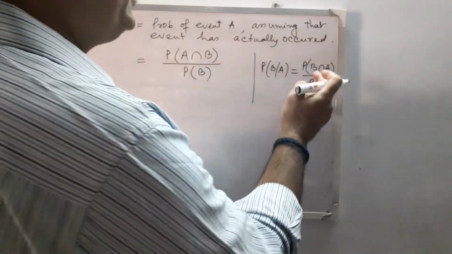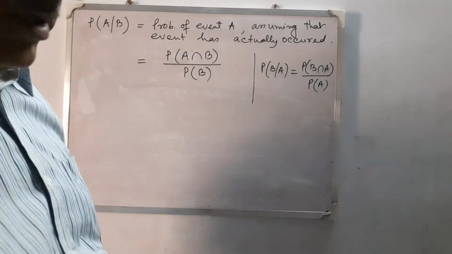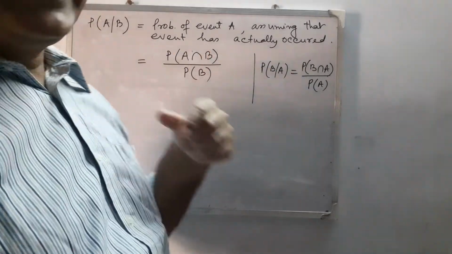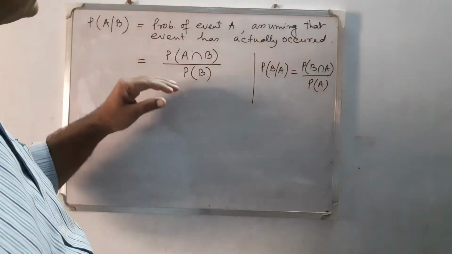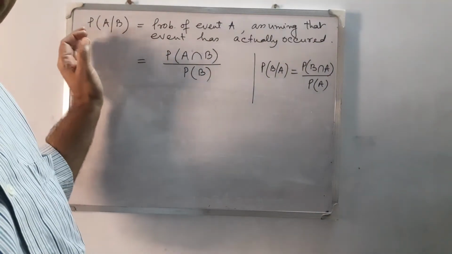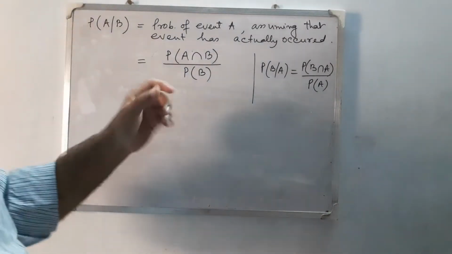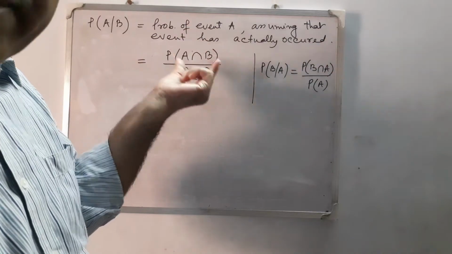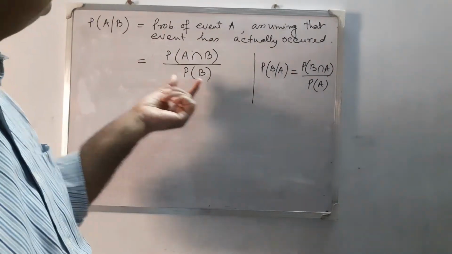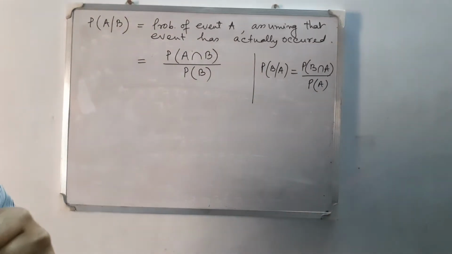And you know P(A intersection B) and P(B intersection A) are both the same, because the common of A and B and the common of B and A are the same. So this is our expansion of P(A/B). Now to evaluate P(A/B), first of all we have to evaluate the probability of the common portion and then the probability of event B, whatever exists after this slash.